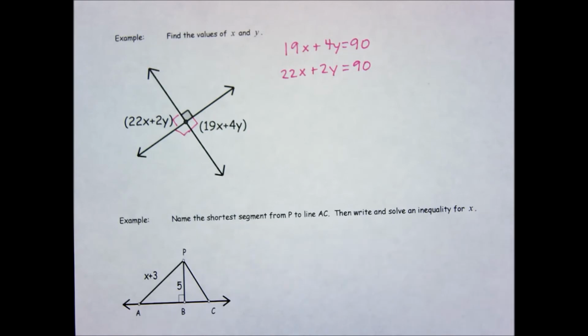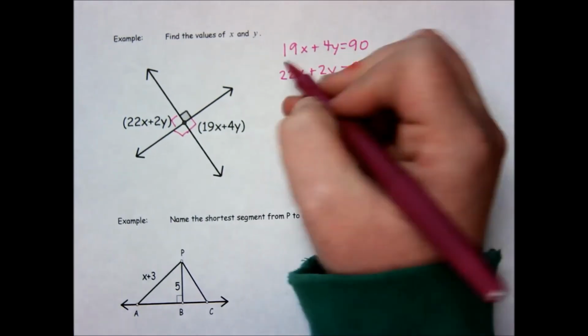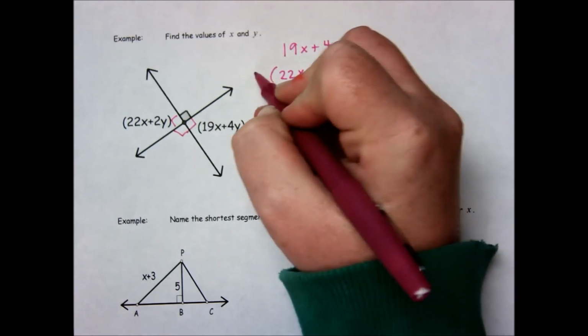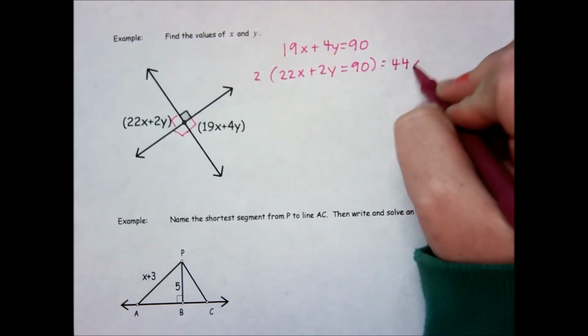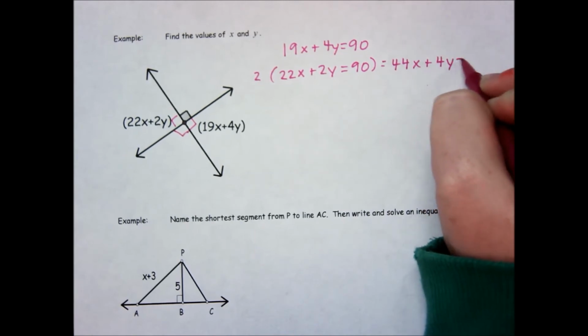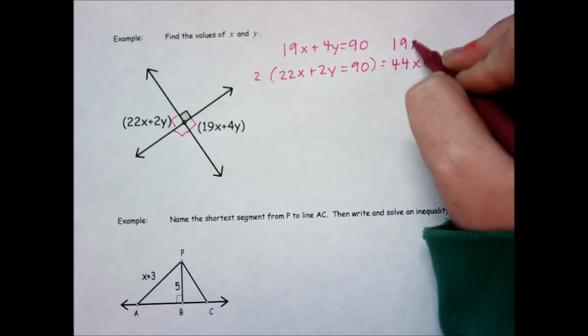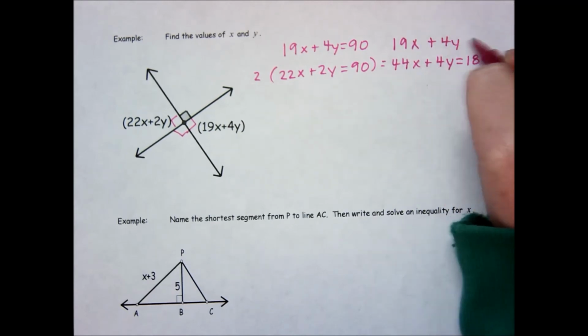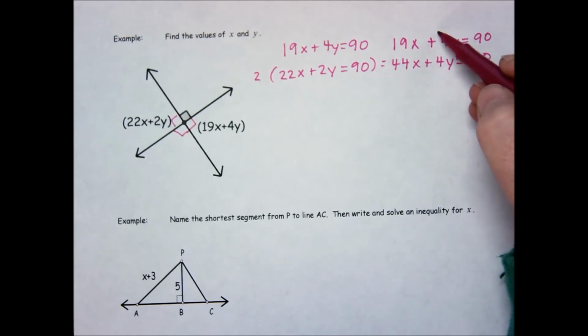So what I'm going to do is solve this system of equations by the elimination method. I'm going to take this second equation and multiply it times 2. And I'm going to keep the top equation the same. So now what I've done is I've created my y's that have the same value in front.